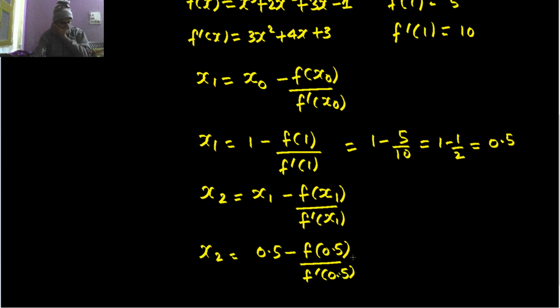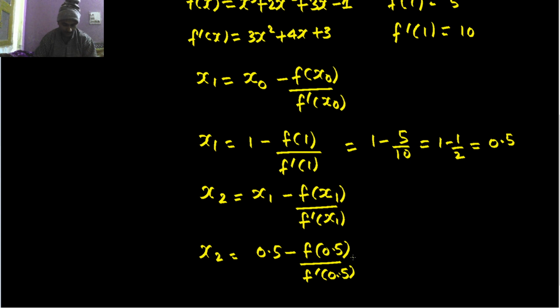Okay, let me use my own calculator this time. So for the value of function at 0.5, I need to calculate 0.5 whole cube plus 2 times 0.5 whole square plus 3 times 0.5 minus 1.